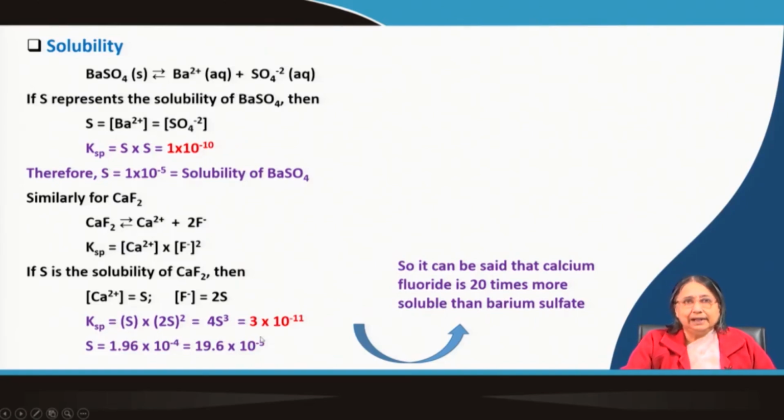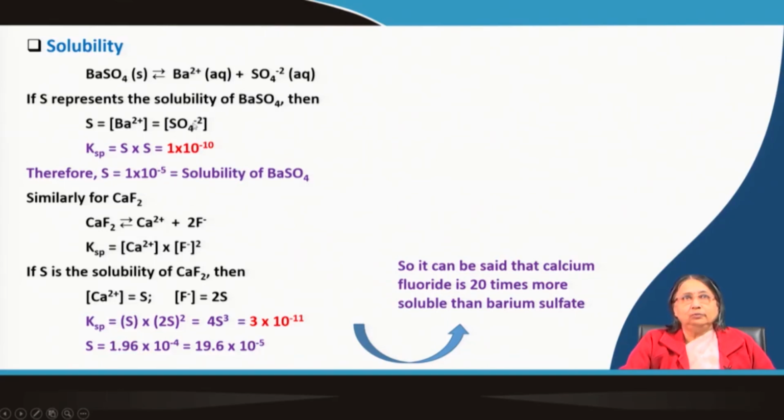So, for example, if we solve this, we will get that the solubility of calcium fluoride is almost 20 into 10 to the minus 5, but here the solubility is 10 to the power minus 5. So, it is 20 times higher than this one.